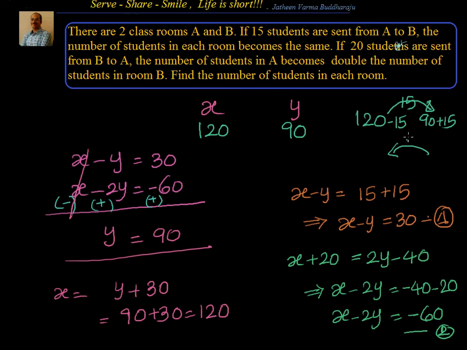Next, 20 are coming from B to A. So B will become 90 minus 20, 70, and A will become 140, which is equal to 2 times 70. We can see that both the equations are satisfied. So the number of students in A comma B are 120 and 90.